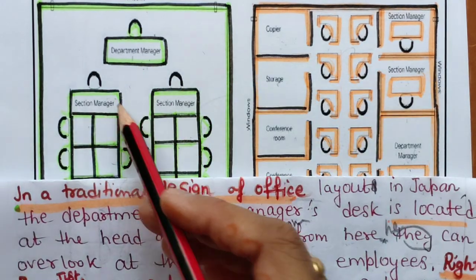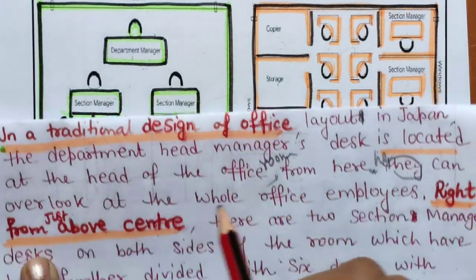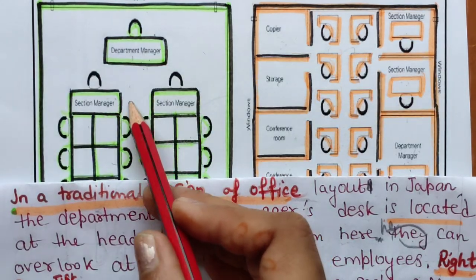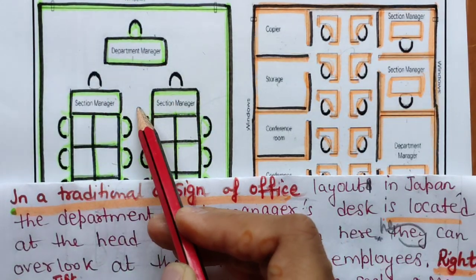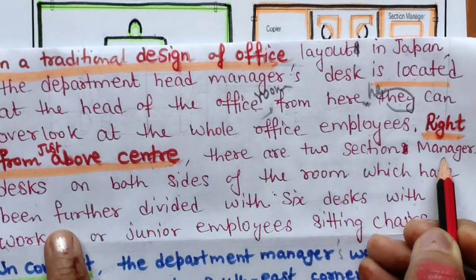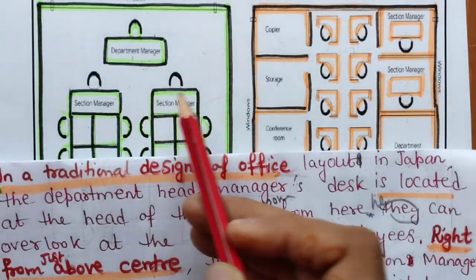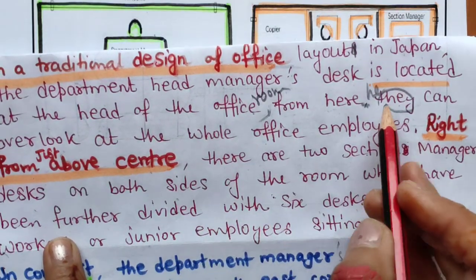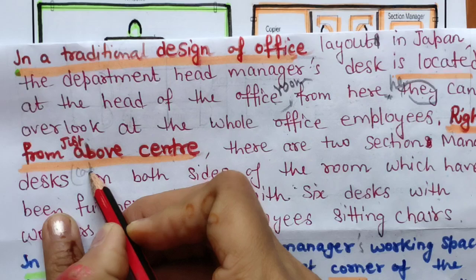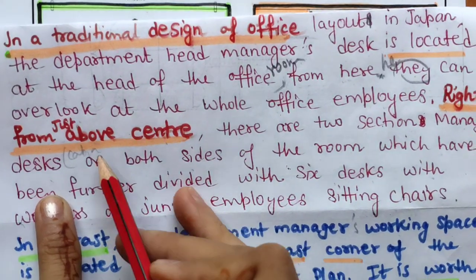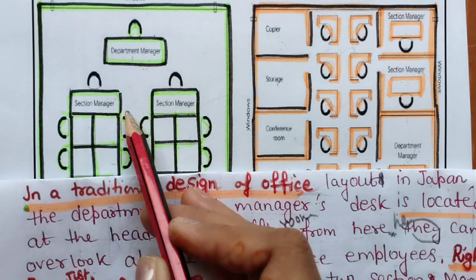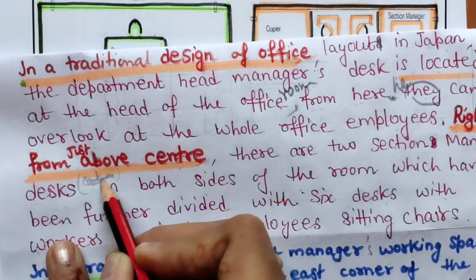Right from just above the center, there are 2 section managers' desks, or cabins you can say, on both sides of the room. No, sorry, this is not a cabin, this is just a desk only.